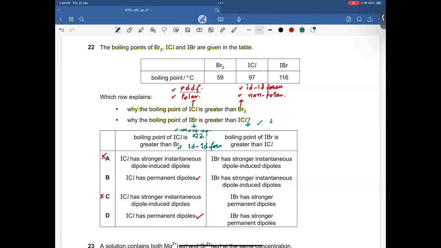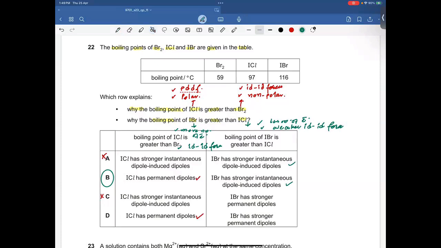ICl has less number of electrons, so it has weaker instantaneous dipole-induced dipole forces. So IBr has stronger instantaneous dipole-induced dipole forces. So the right answer is going to be obviously B.